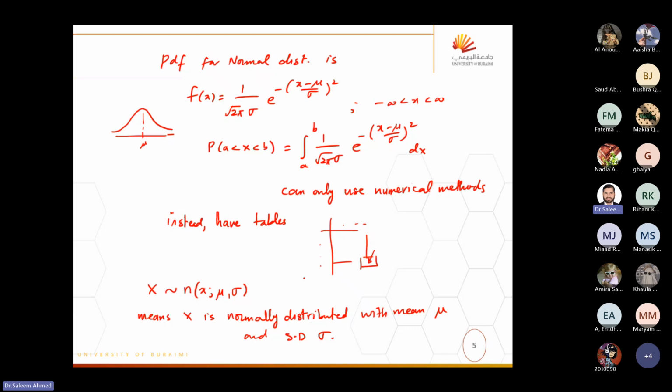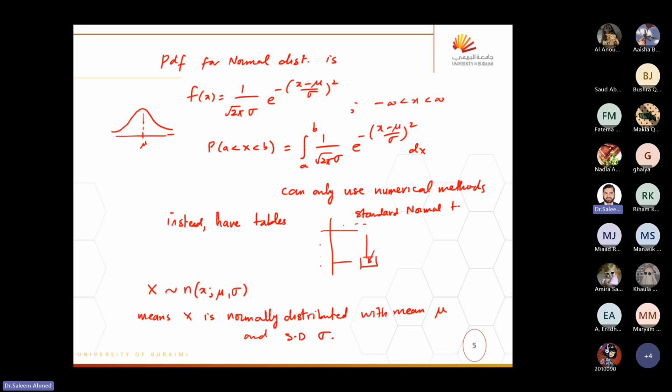There are infinitely many normal distributions because there are infinite choices for mu and sigma, like 0, 1, 2, minus 2, 3, whatever. So how many tables would we make? Instead, they have just one table, which is called a standard normal table.